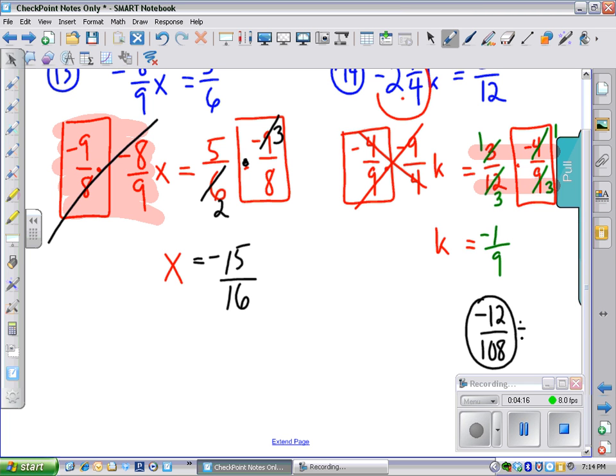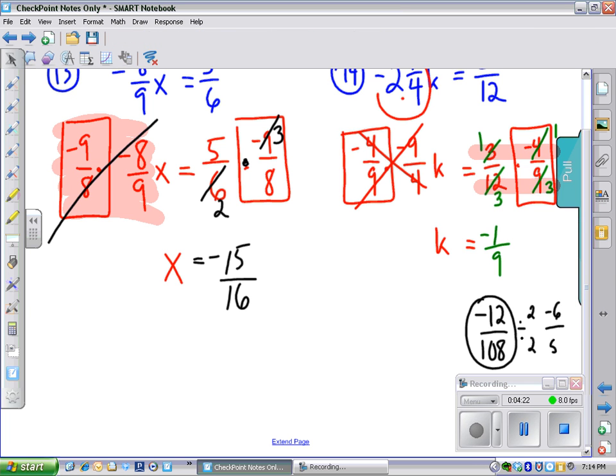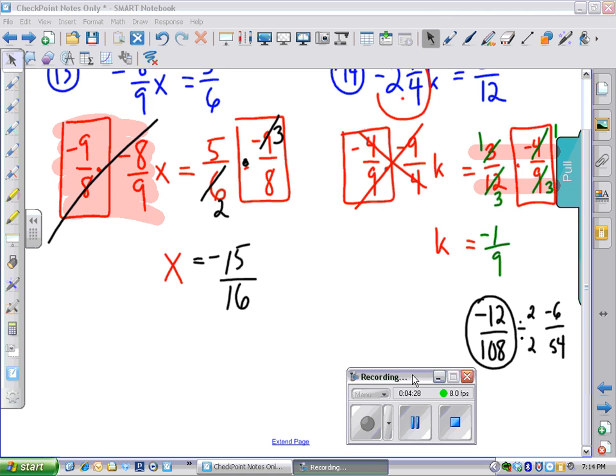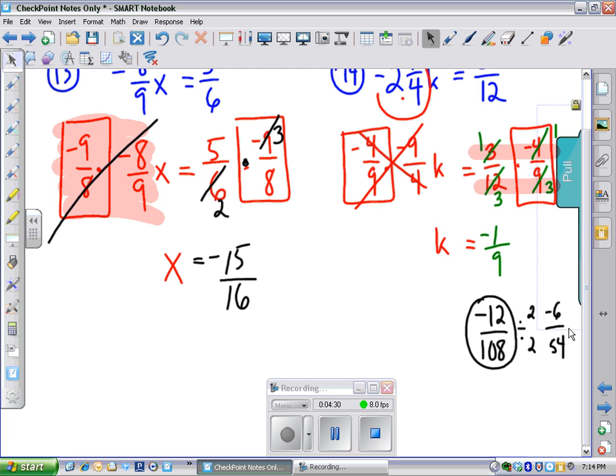Some people would probably try 2, and you'd end up with negative 6 over 54. At that point, somebody might catch that you can divide them both by 6. If you divide them both by 6, you'll end up right back here where we got to in one step by simplifying ahead of time. And it can be done either way.